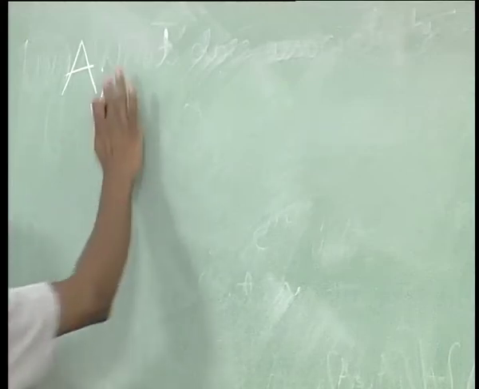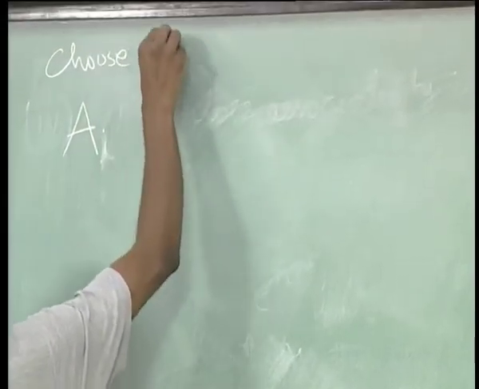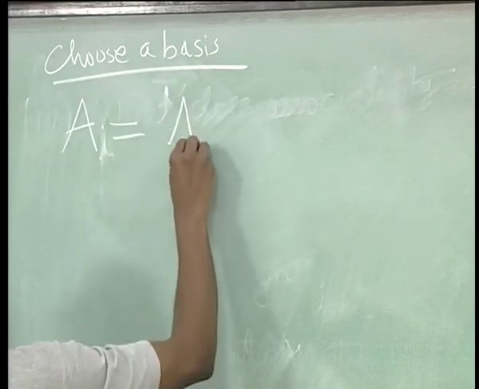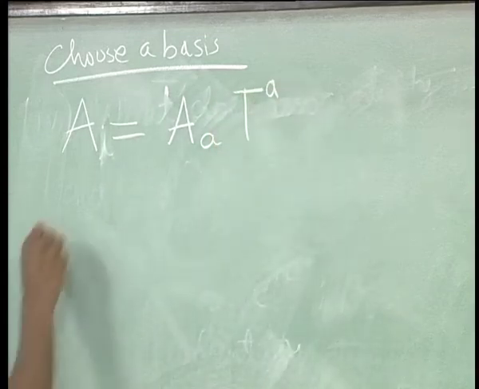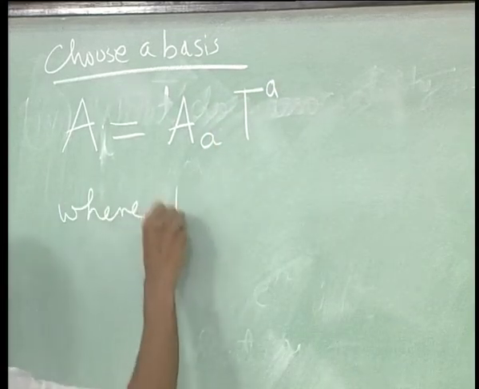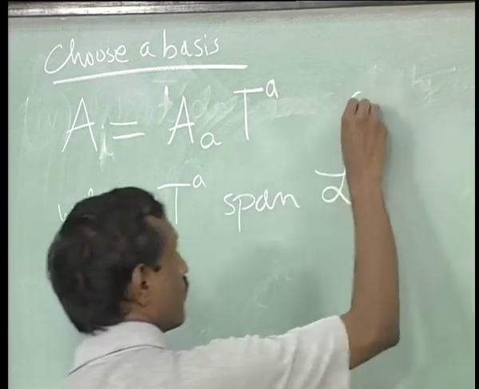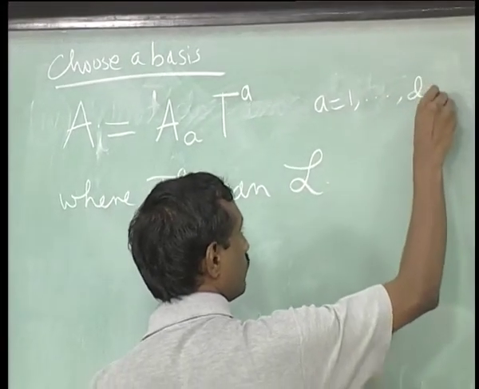We can write any A as a^a T_a, where the T_a span the linear vector space, and a goes from 1 to the dimension of L.